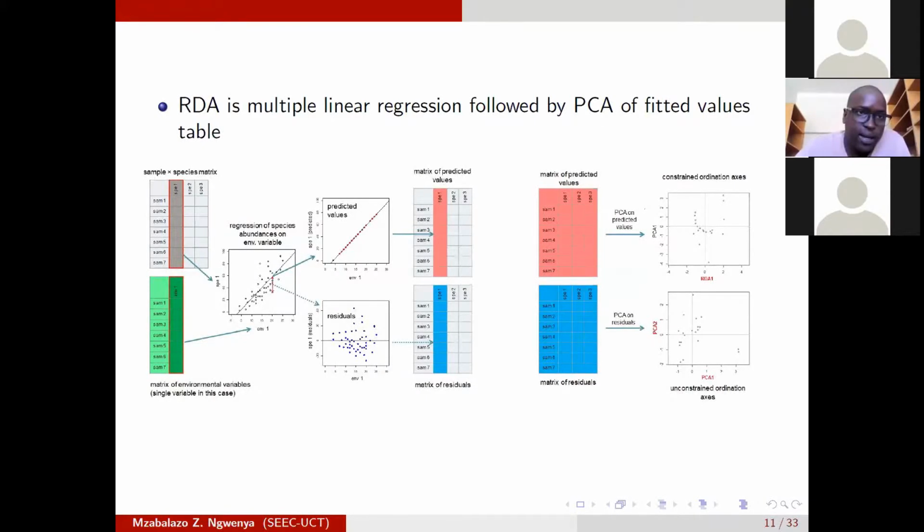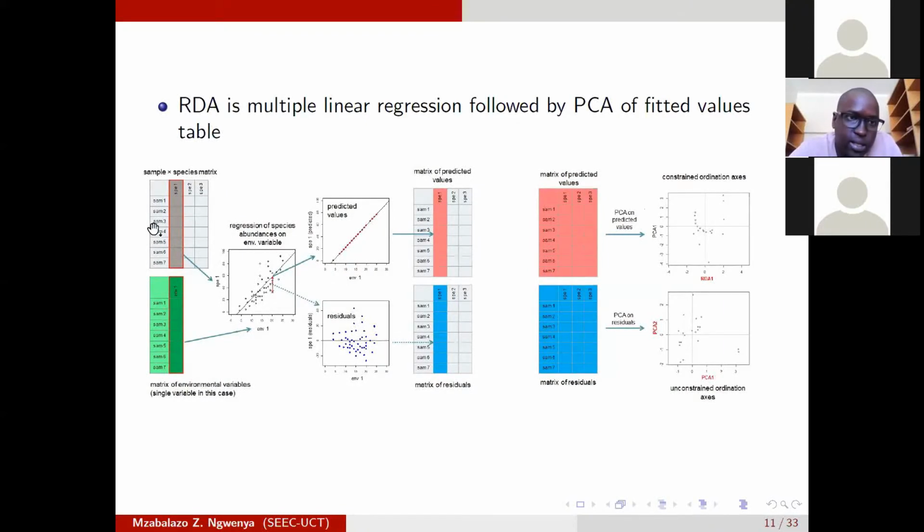So what is happening in an RDA algorithm? You've got your data set there, sample species matrix there, which is our L matrix. And we also have our R matrix there. It's only got one variable in there, as an example.